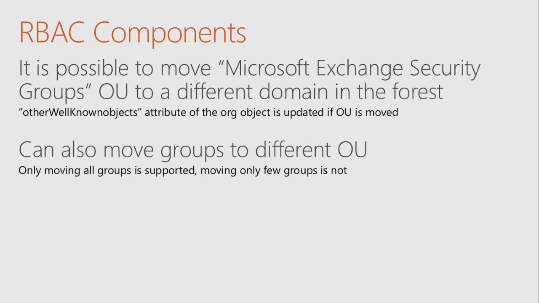What if you didn't want to move the OU? You just wanted to move the groups inside it. You could do that as well. The only thing that is not recommended is moving only some of the groups. What people say is, well, Exchange came with these groups, I don't want to touch them, but I created these groups, and I want to move them over to my custom OU. Don't do that, right?